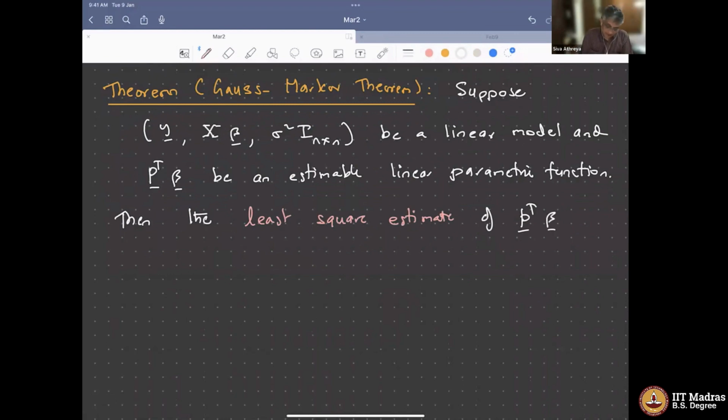let me write it as P transpose beta hat, that we always call. Now I'll assume it is for some solution of the normal equations.